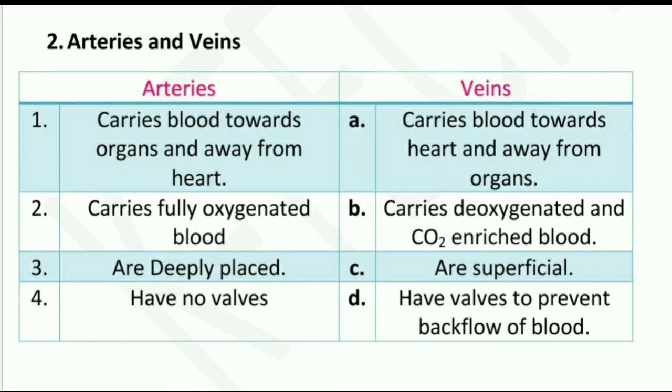Arteries have no valves, and veins have valves to prevent backflow of blood. So, these were the 4 points to distinguish between arteries and veins. Understood, children? You need to learn these points. Okay. Let's move ahead, children, with our next question.